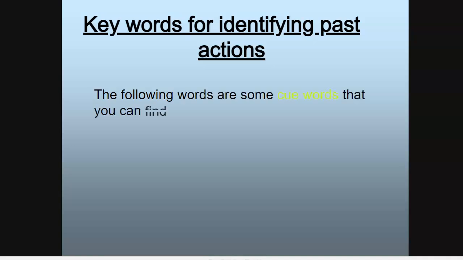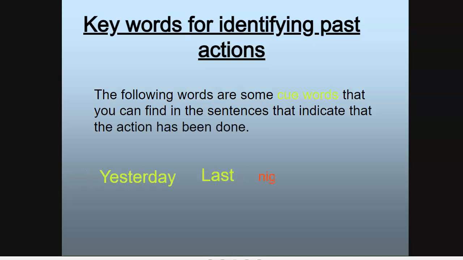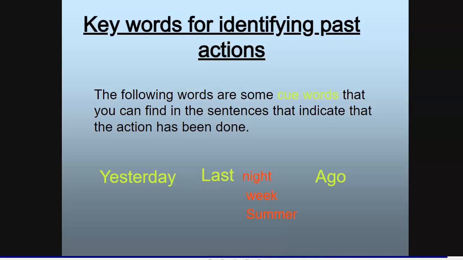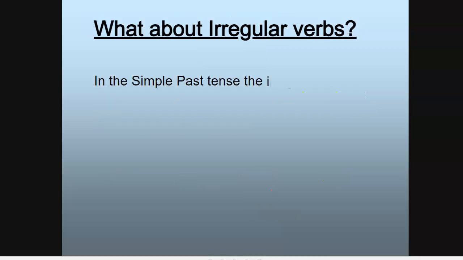Keywords for identifying past actions. The following words are keywords that you can find in a sentence that indicate that the action has been done: yesterday, last night, last week, last summer, ago. What about irregular verbs?